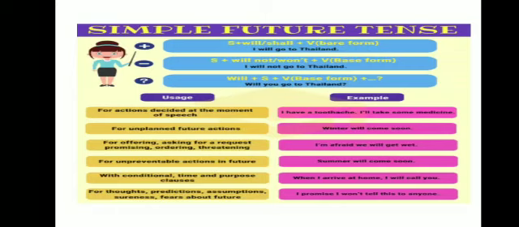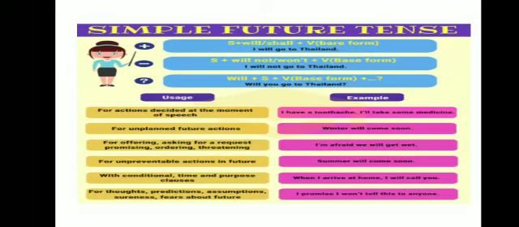So we use only will. But according to grammar rule, we have to use shall with I and we. Okay. With other subjects, either it is he, she, it, any name, you or they, we will use will.